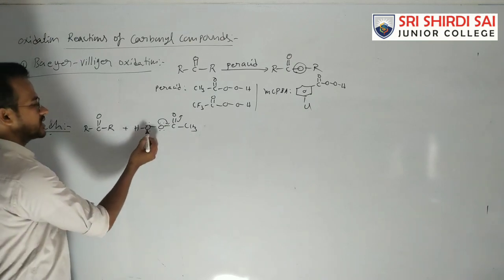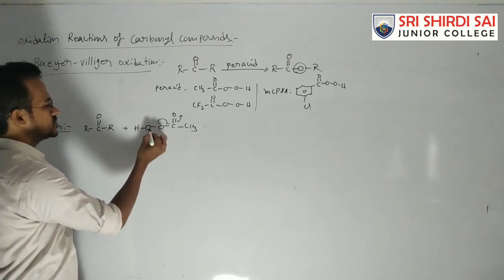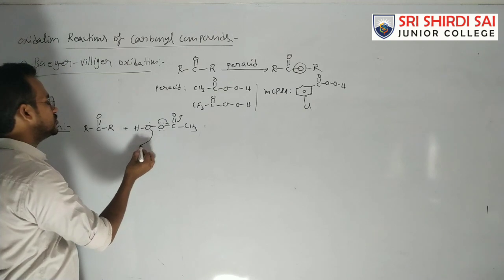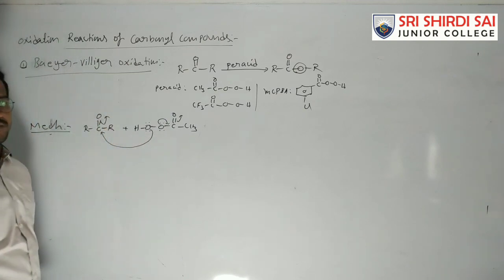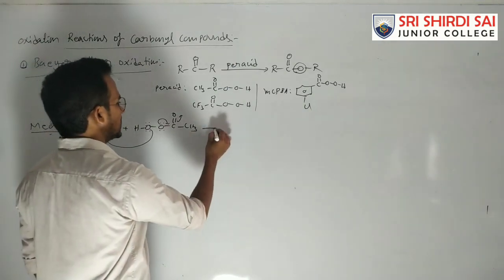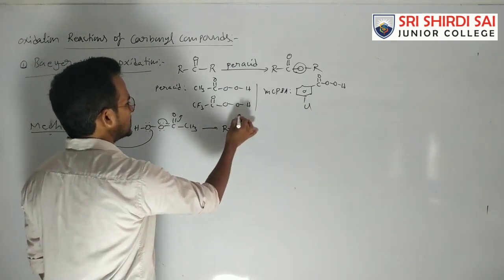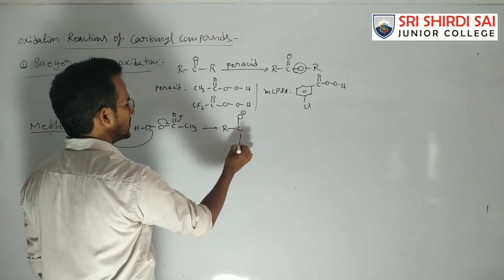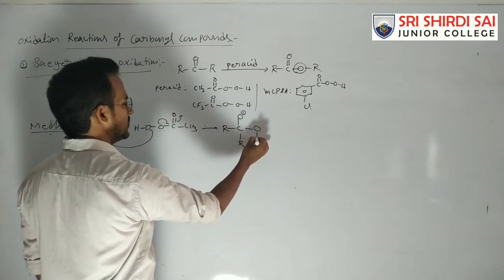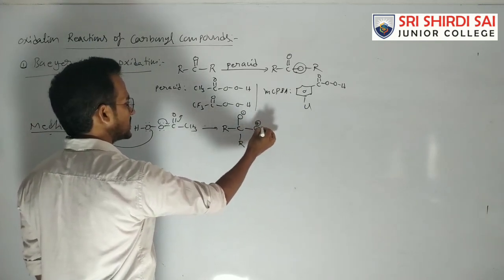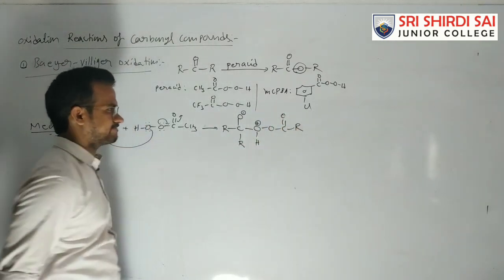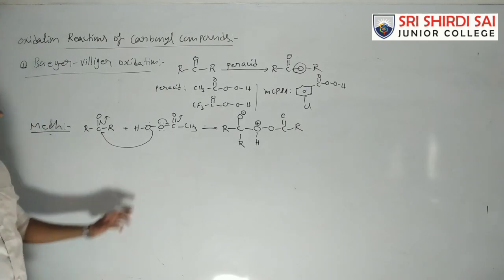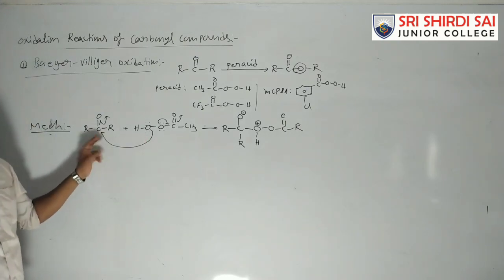But here, these lone pairs are not involved in conjugation, so this oxygen is ready to donate a lone pair of electrons to the carbon. So this oxygen bonds with the carbon.